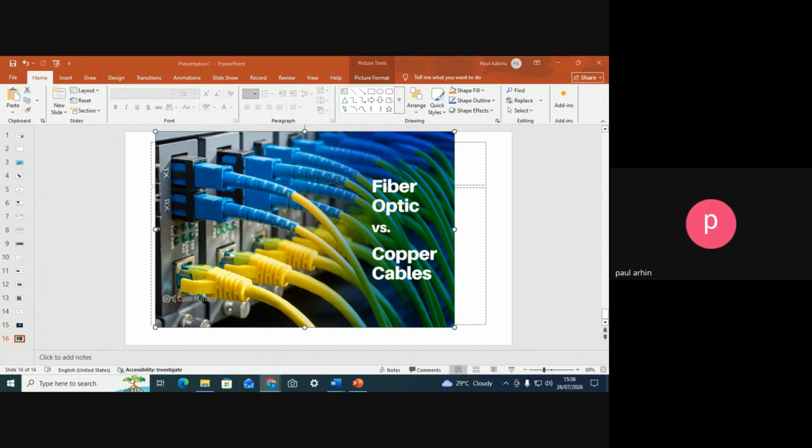But to transmit data from the mast itself to the network, you would need a high-speed system which can travel over a long distance. And that's obviously the case of a fiber optic. You can't be using a coaxial cable there.